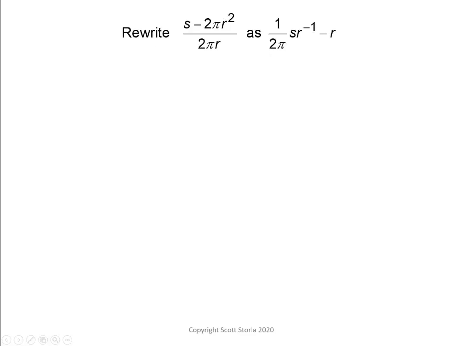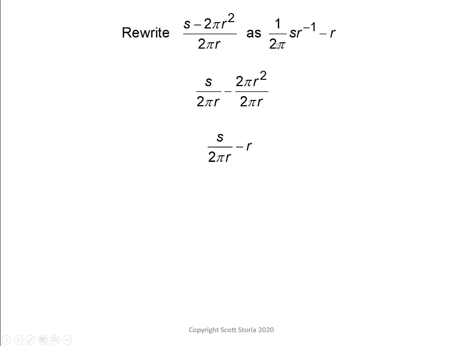And here's the last one. After rewriting our fractions, we could reduce the common factors of 2, reduce the common factors of pi, and reduce one factor of r.